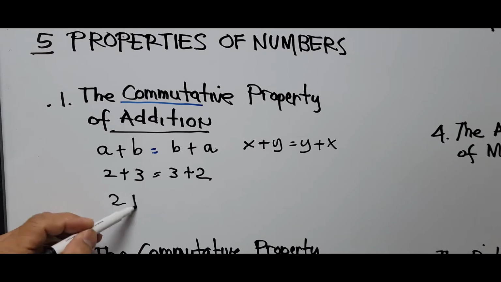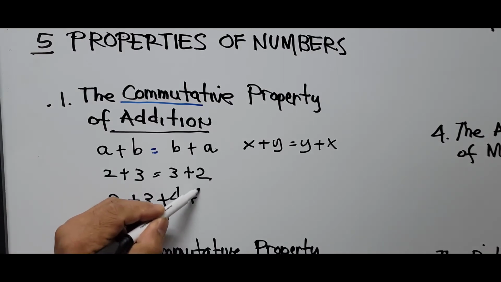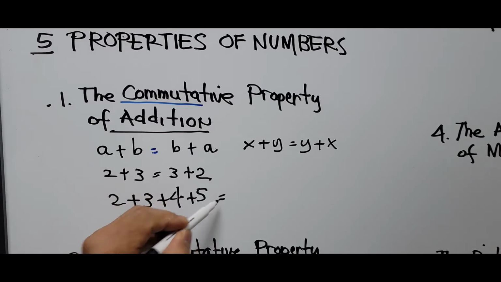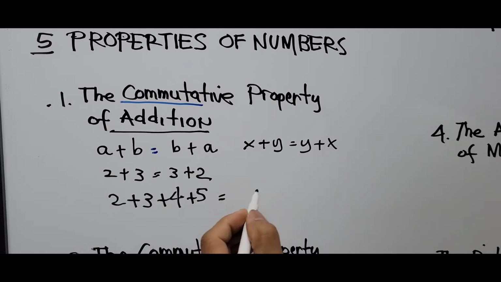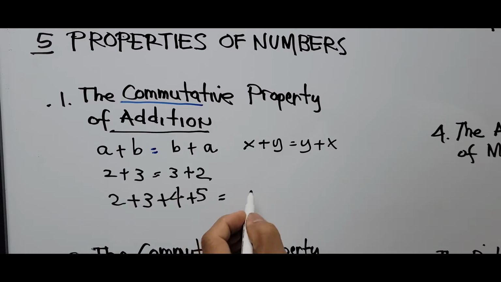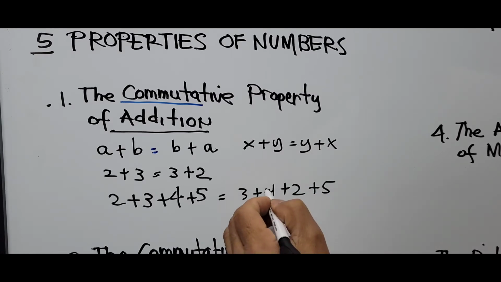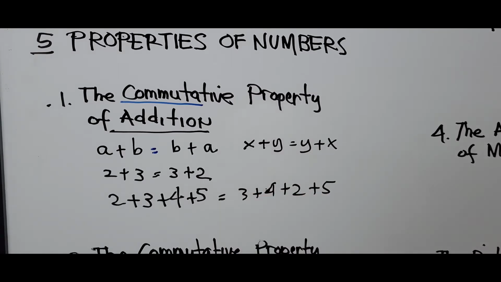So 2 plus 3 plus 4 plus 5 is the same way, however you arrange them, as written next to one another or whatever, like different arrangement like this. Whichever place you move is the same as 3 plus 4 plus 2 plus 5. So that's how it is.